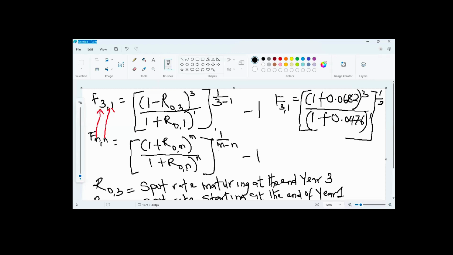Your final answer will give you, if you minus 1, you are going to have in percentage, forward rates, the 2 years forward rate at the end of year 1 is 7.87%.